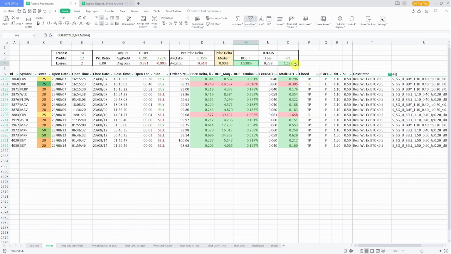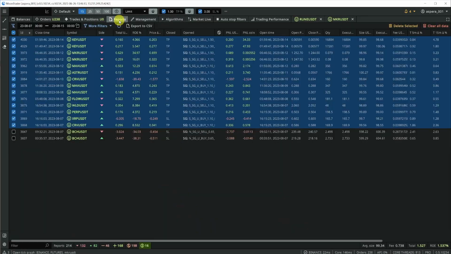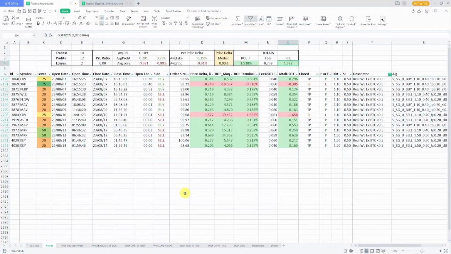So here it's pretty much correct. And if we were to go to the terminal, it would confirm that we have exactly the same total and exactly the same ROE. Now, why have I had a problem with ROE when I was building that spreadsheet for getting together the algorithms? Let me show you.